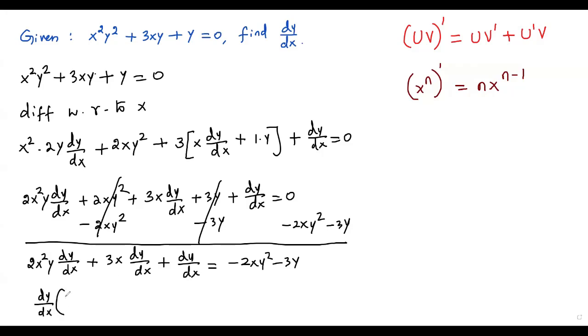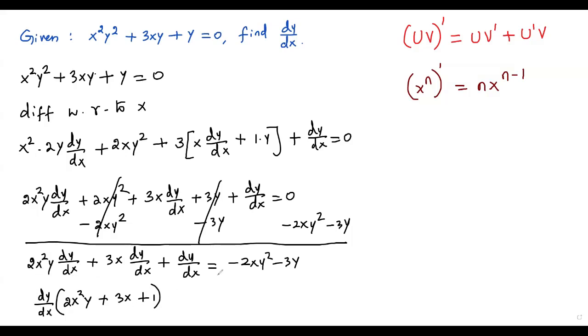In the first term, I have 2 times x squared times y, in the second term 3x, in the third term 1. If I distribute this dy over dx to these three terms inside the parenthesis, I get the expression over here. So the factoring I've done is correct.